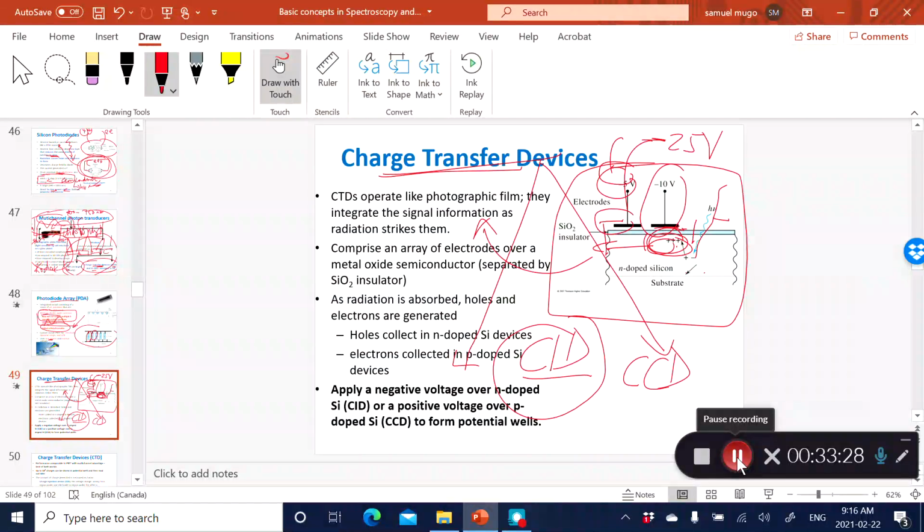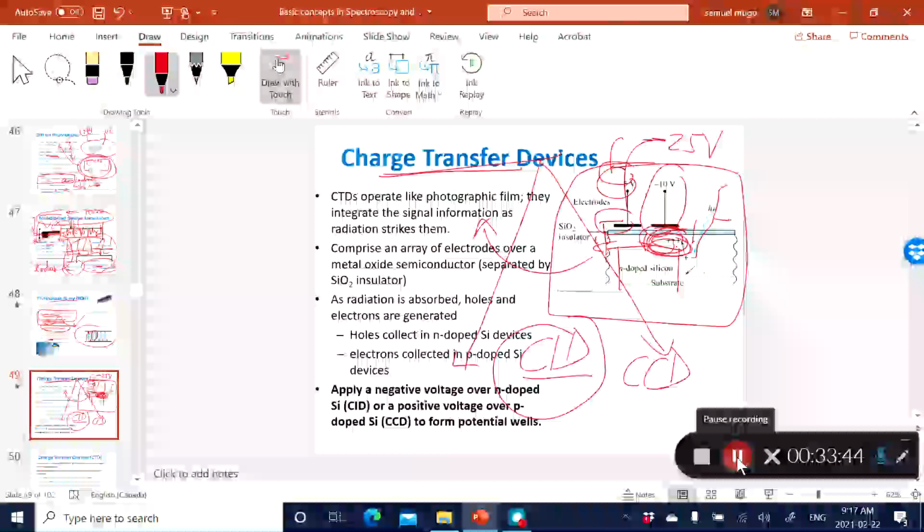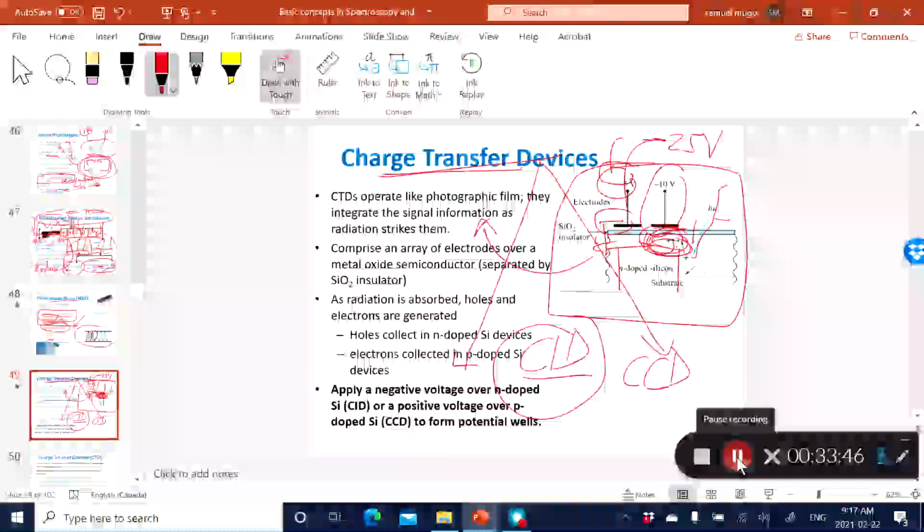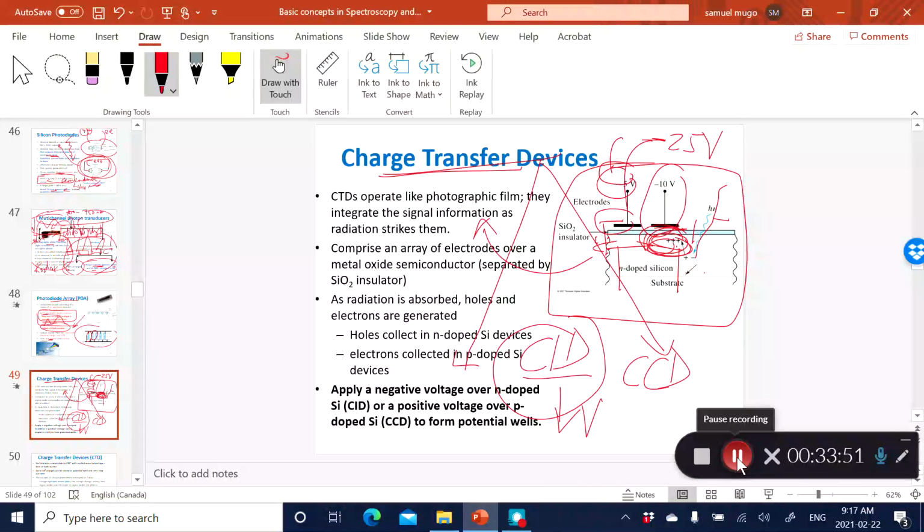Okay, so you just move the holes, because of the change of polarity, and because of that, there's a potential difference that is created as you move those electrons or those holes across two sets of electrodes. And so in this case, you're measuring the voltage. In this case, you're measuring the charge.